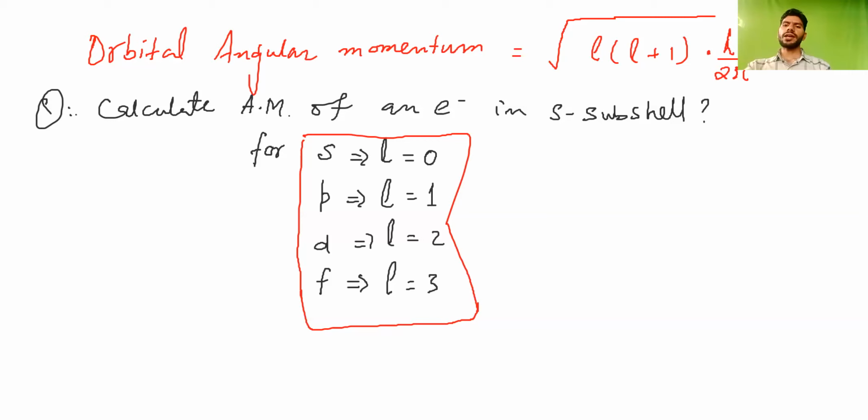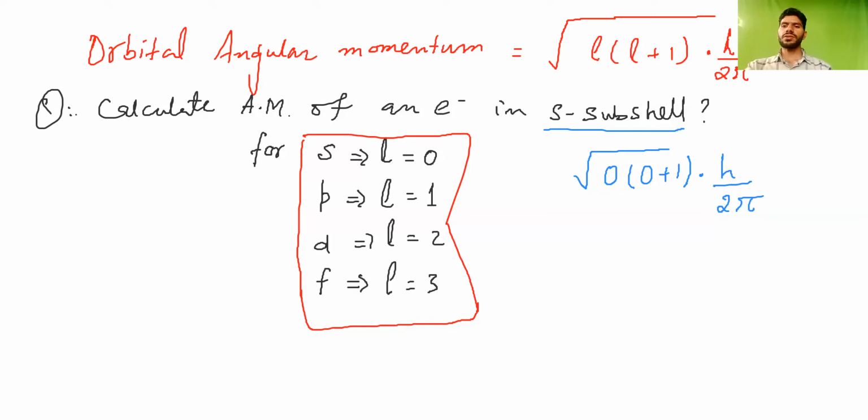Now, can you calculate the angular momentum for an electron in S subshell? So how will I calculate it? That is simply square root of L into L plus 1, into h upon 2 pi. For S, L value is 0. So 0 into 0 plus 1, into h upon 2 pi. 0 plus 1 is 1, 1 into 0 is 0, square root of 0 is 0.